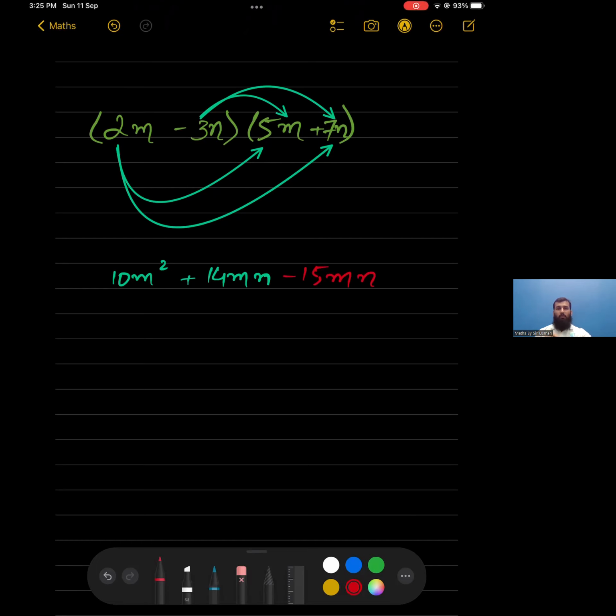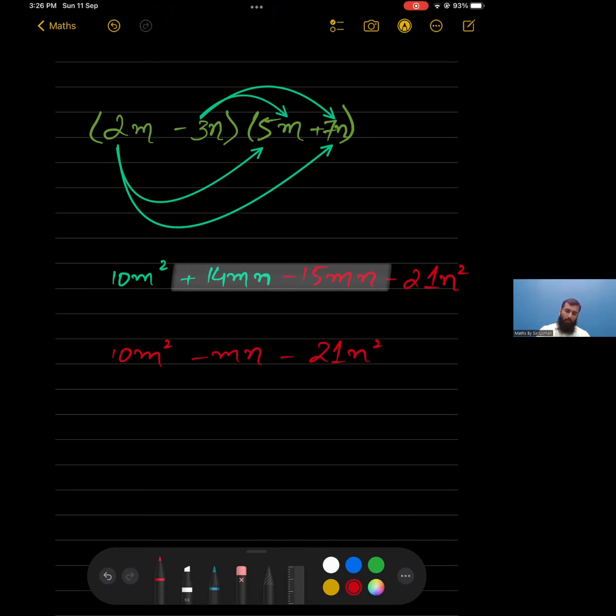Then negative 3n times 7n is going to produce negative 21n square. Now you could just simplify this और आपके पास जो final answer आएगा that would be after the simplification of middle two terms. So this is going to be 10m square minus mn minus 21n square.